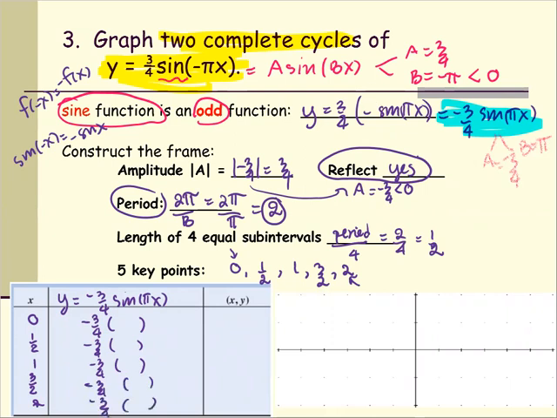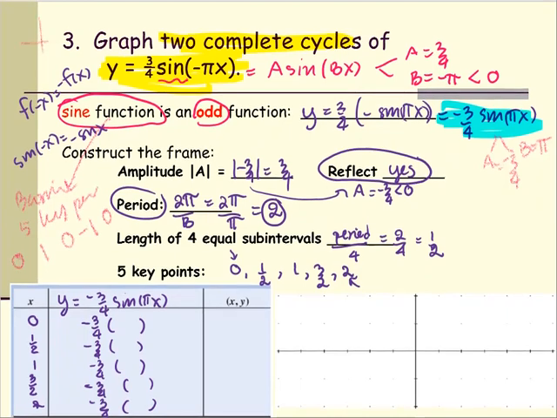We call the basic 5 key points of the sine function the key point values, starting from 0, 1, 0, negative 1, and then 0. As you go around the unit circle, starting from 0 and go to pi over 2, to pi, 3 pi over 2, and back to 2 pi, the y value is 0 here, and 1, and then 0, negative 1 down here, and back to 0.